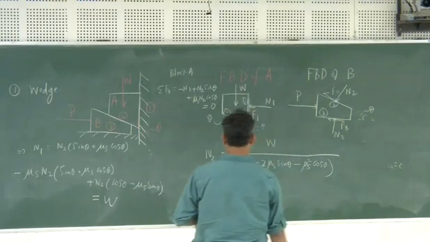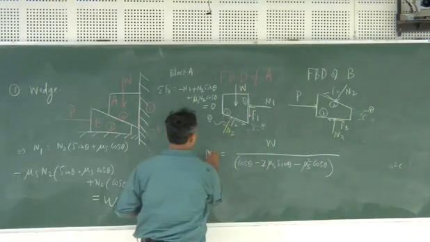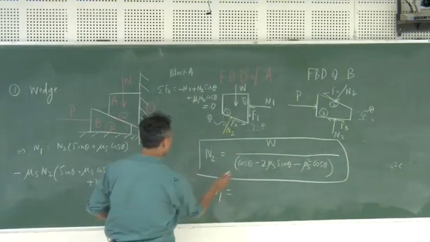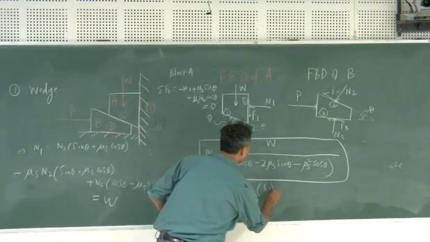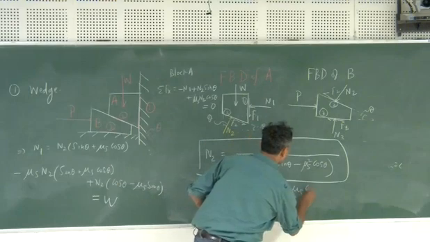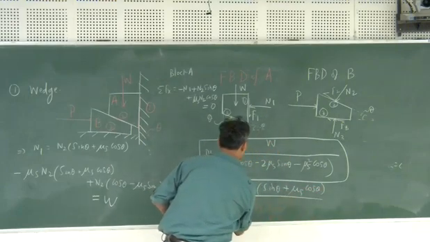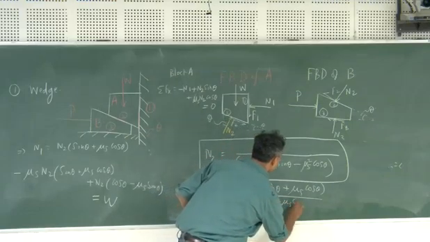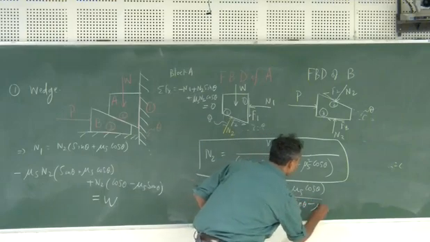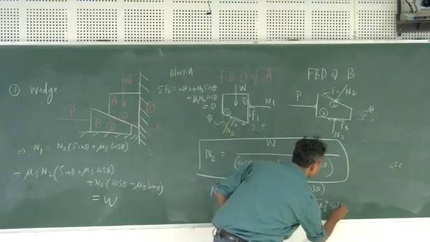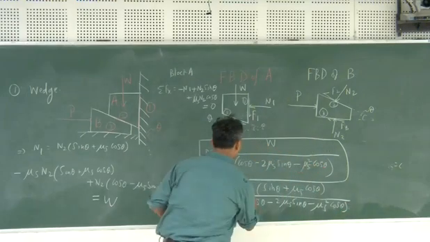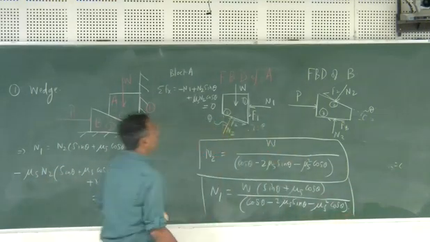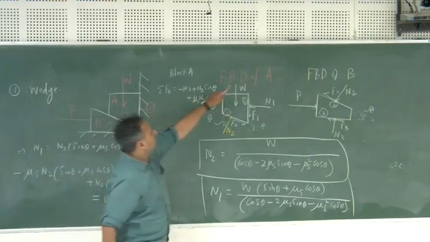So this is what will be your answer for N2. What will be your N1? N1 will be W times sin theta plus mu s cos theta divided by sin theta minus mu s square cos theta, like this. So your N1 and N2 are both now computed from the FBD of A.